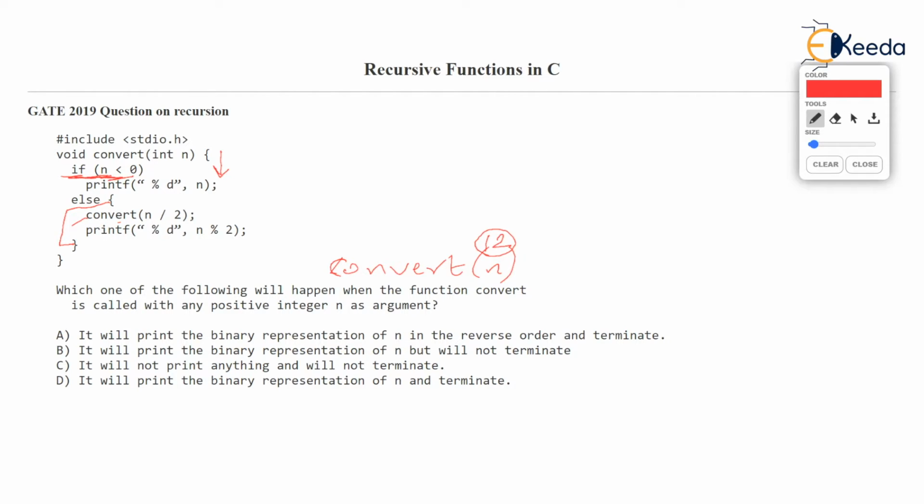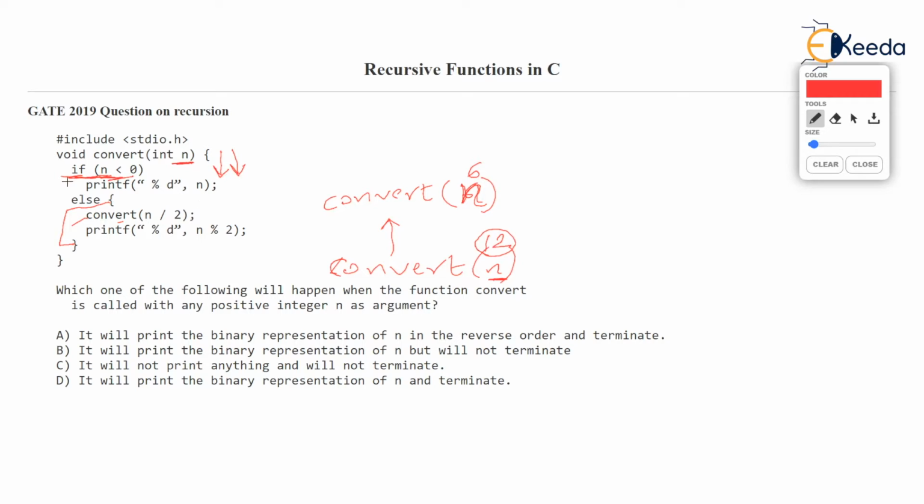But the convert call is going to call convert recursively with convert n by 2, and n by 2 over here is 12 by 2, which is 6. Hence the parameter n now is 6. So convert 12 calls convert 6, and the function restarts again.